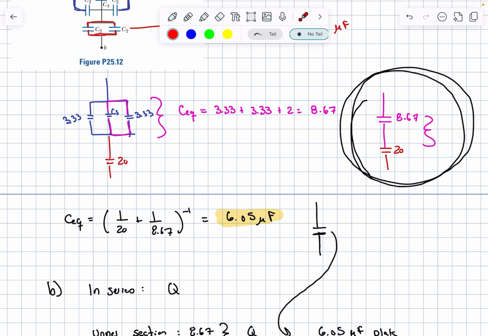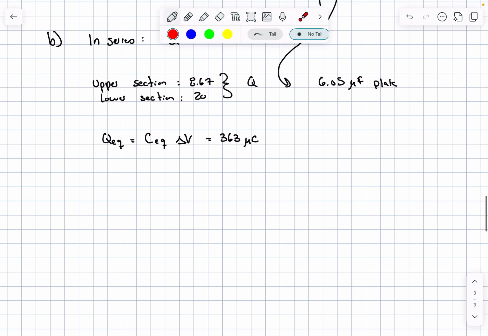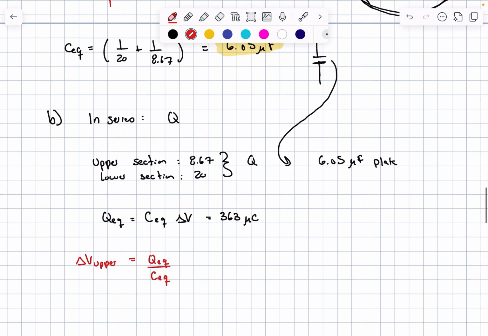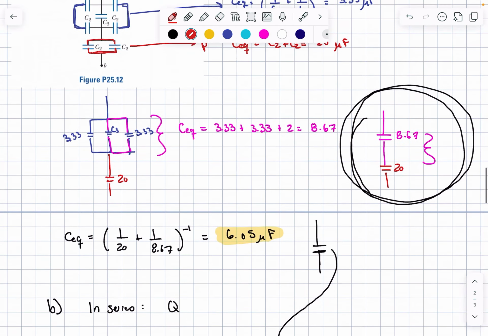So what we can say is, delta V upper, because we're just talking about the upper region here, is going to be equal to that charge we had divided by C equivalent. Because remember, these three are acting as though they're just one capacitor with an equivalent capacitance.